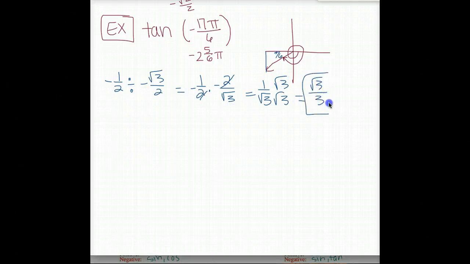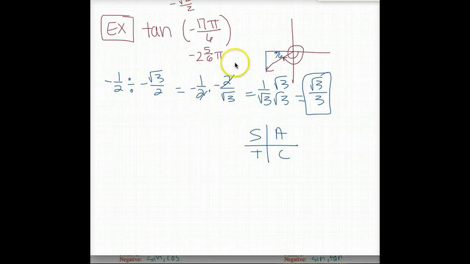So it's okay with me if you don't write out the rationalization here once you've seen it a few times, because you're going to keep getting the same repetitive answers. Always double check after you've found your answer to make sure that it makes sense with your ASTC. So in quadrant 3, which is where I landed, tangent is positive, which my answer is. So I know that that makes sense.